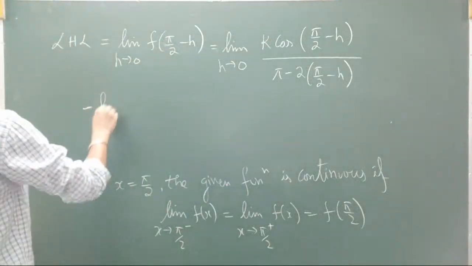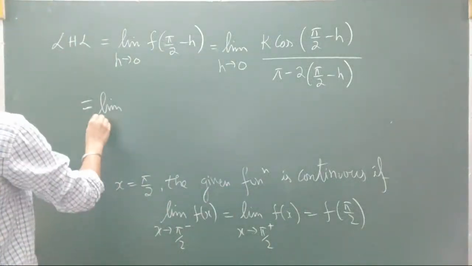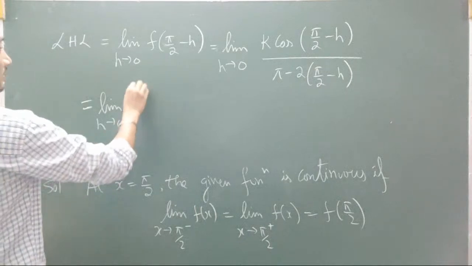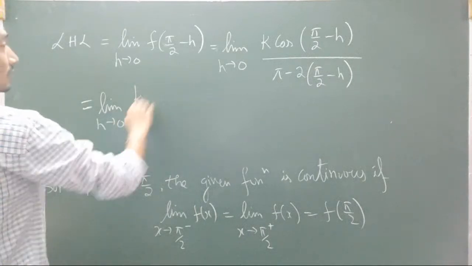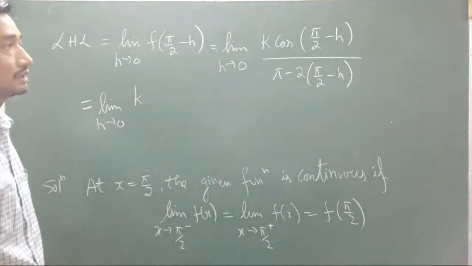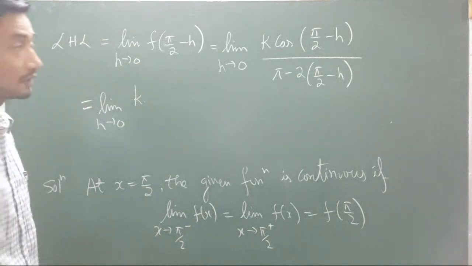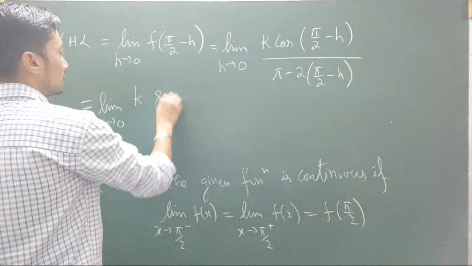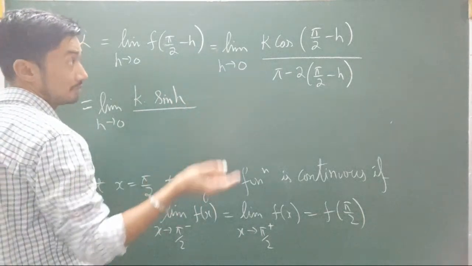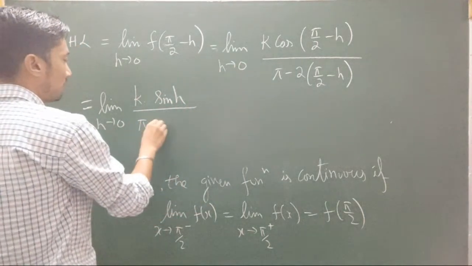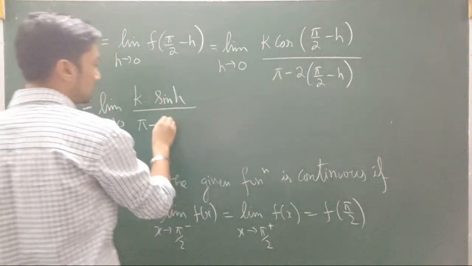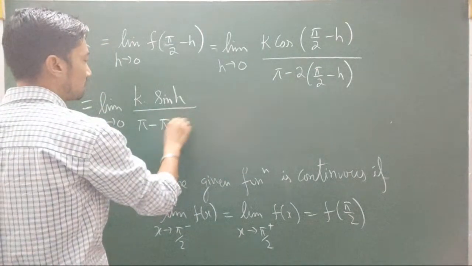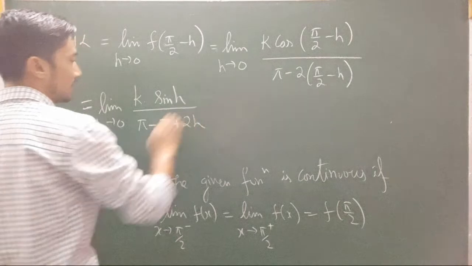So again, trigonometry. There is no other way, it's trigonometry. Now cos of pi by 2 minus h, if you remember class 11, cos 90 minus h, even in class 10, that is sin h. And this will be pi minus 2 into pi by 2, that will be pi minus pi plus 2h.